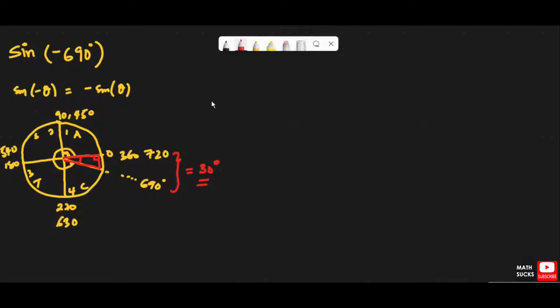So what does that mean then? It means that sine of negative 690 degrees is equal to the negative of sine of 690 degrees, with the negative kept outside. Sine of 690 is the same as sine of 30, but it is in the fourth quadrant where it is negative.